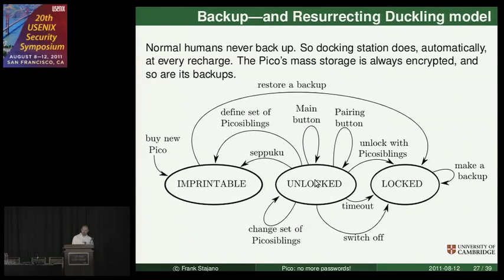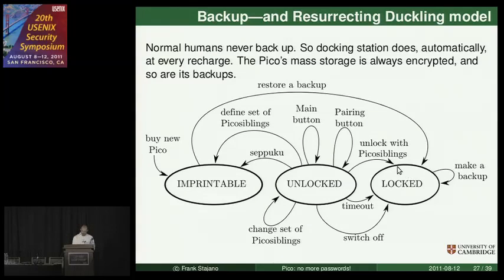However, if you have a timeout on sensing the Pico siblings with the ping protocol we described previously, or if you switch off your Pico, then you get into this locked state where it is imprinted. It is still paired to the same set of Pico siblings, but it won't work. It will not do anything until you unlock it.